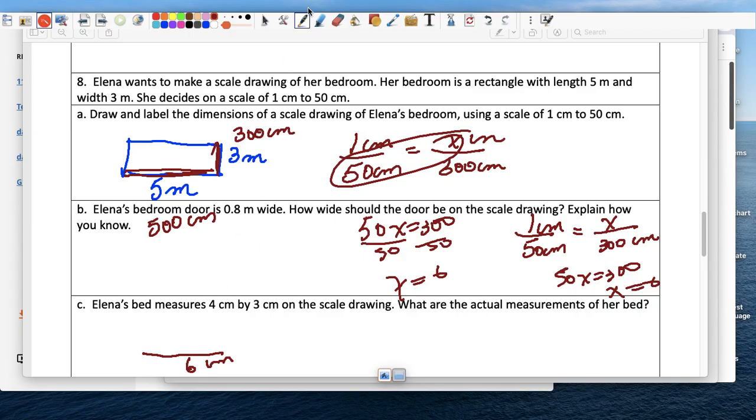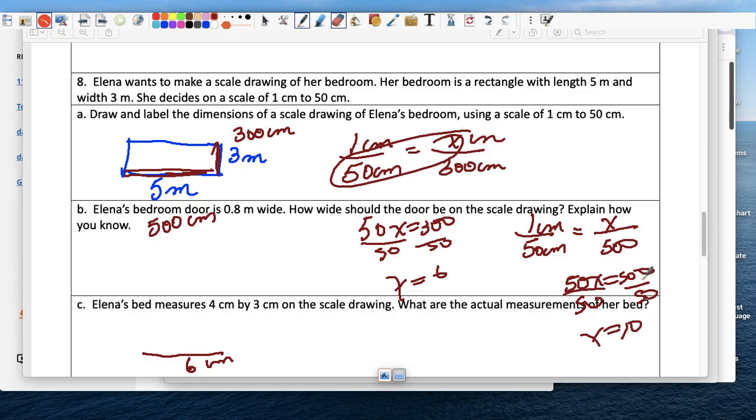Okay, so, sorry. Because I used the wrong number, this is supposed to be 500. I already did the height, so now I'm doing the length. 500, cross multiply, we get 50x equals 500, divide by 50 on both sides, and x equals 10.